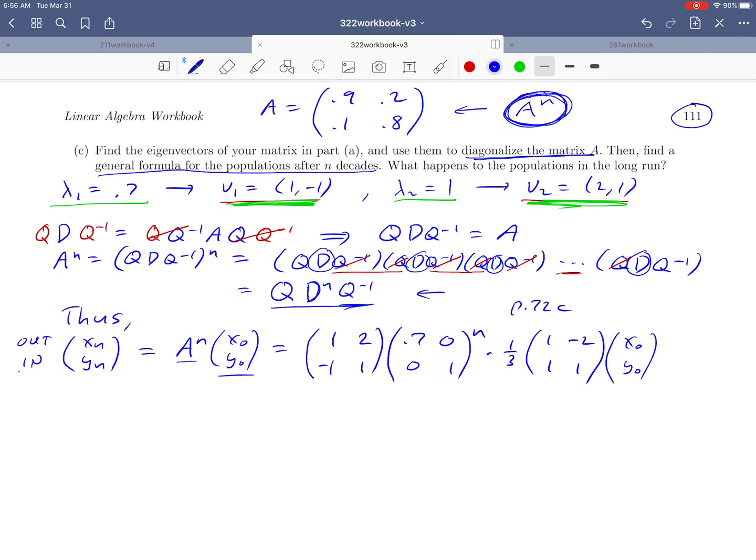Okay, so we've got some algebra to do here. And so the first thing, we've got some choices here as to how to proceed. But the first observation that I'd like to make is that this 1/3 that's sitting here, that's a scalar. So we have the freedom to move it if we want to. Scalar multiplication is commutative. So I'm going to choose to move the 1/3 way over here to the left and to multiply it into this matrix.